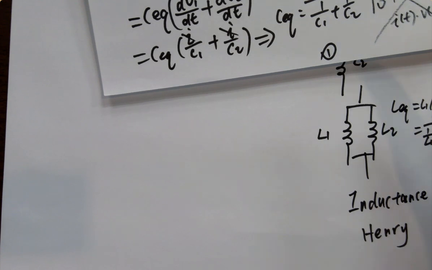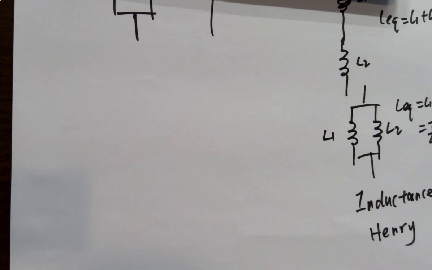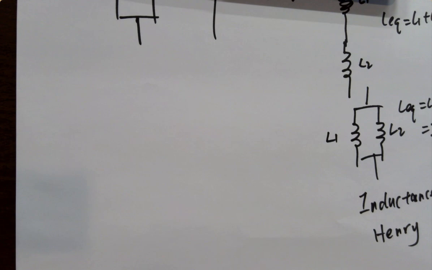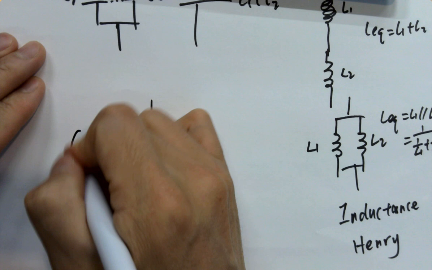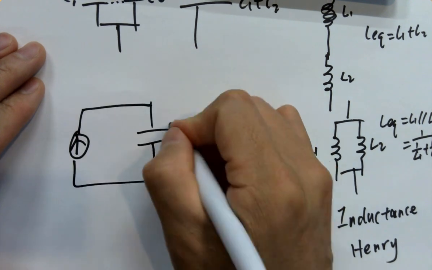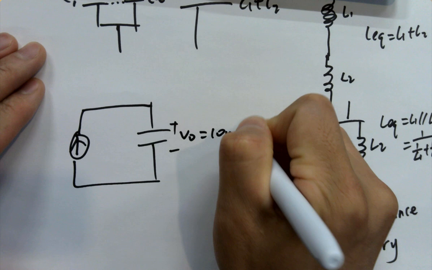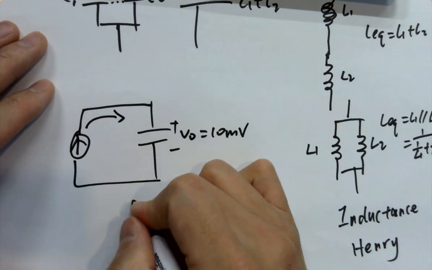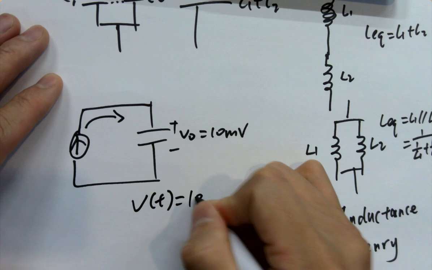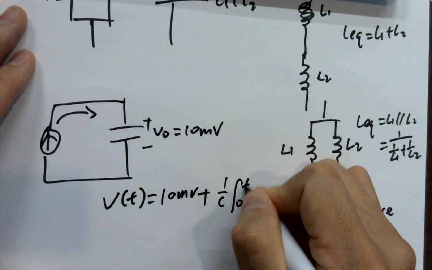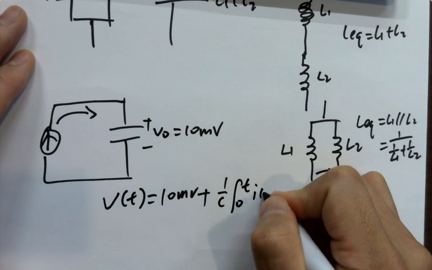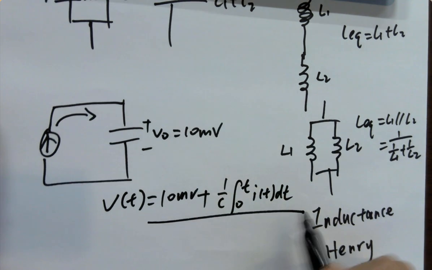Another thing that can confuse you a little bit is that an inductor can store an initial current inside as well. It's like the voltage in the previous problem we just ran through. The capacitor can store an initial voltage, like 10 millivolts, and then you start dumping current into it. So eventually the voltage equals 10 millivolts plus whatever is being dumped into it. That's how I calculate the voltage across this guy.